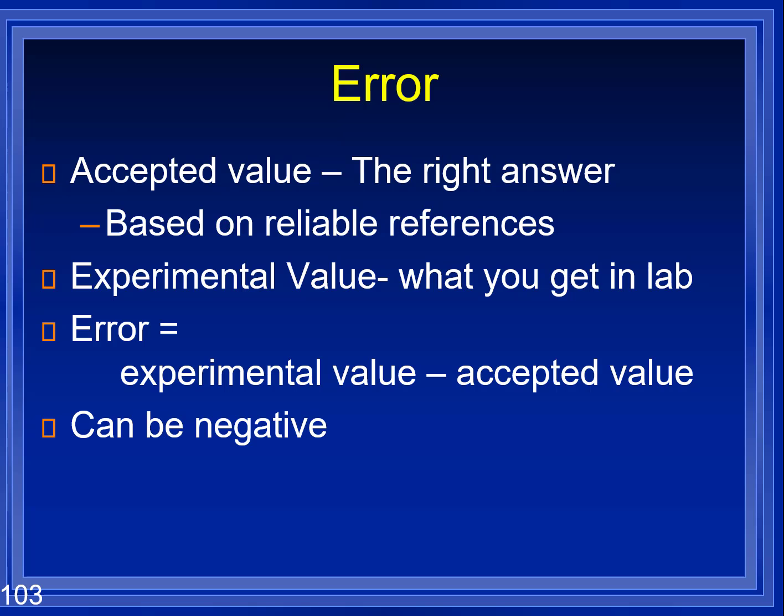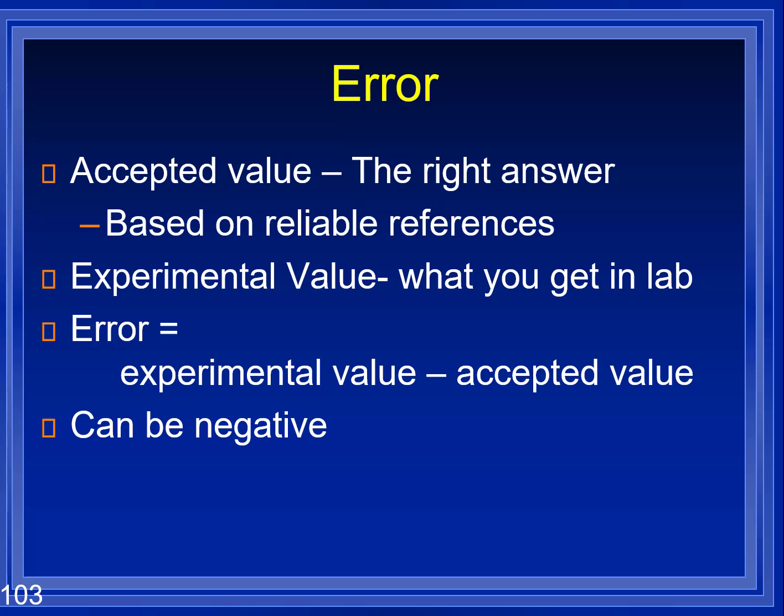Now, if you had an answer that was off by 2 grams, did you do a good lab or a bad lab? Was your accuracy good or bad? You're off by 2 grams. Yeah, see, it matters what the correct answer is.